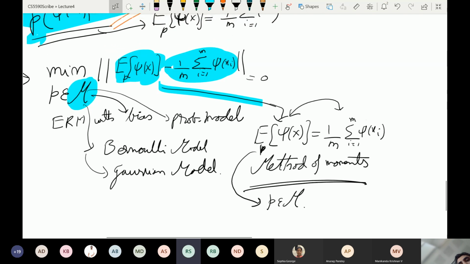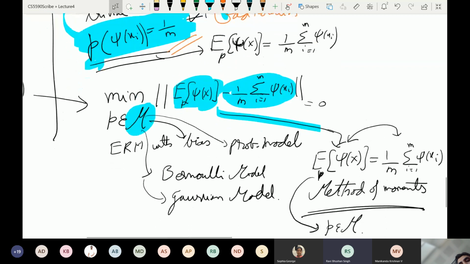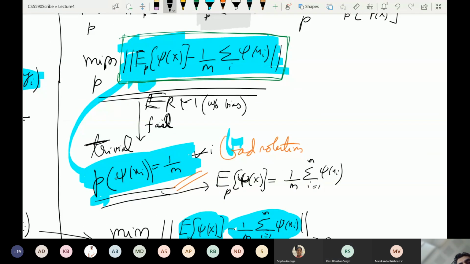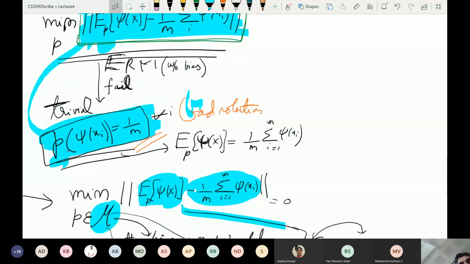Sir, can you repeat the bad solution part again? Bad solution. Okay, so did you understand why this is a solution? No, sir. So suppose somebody gives you this distribution. What is this distribution?